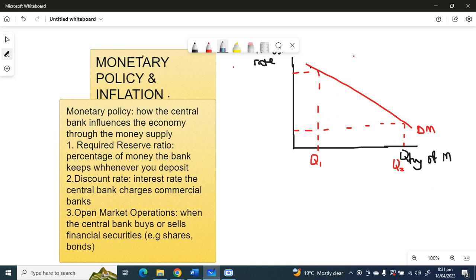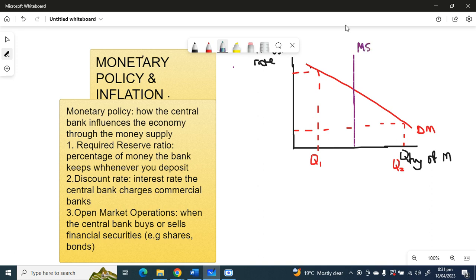Okay, then we have the money supply graph, which is straight. This is not affected by the interest rates. Remember, it's the central bank that prints the money. So the money supply is not affected by any of the interest rates.